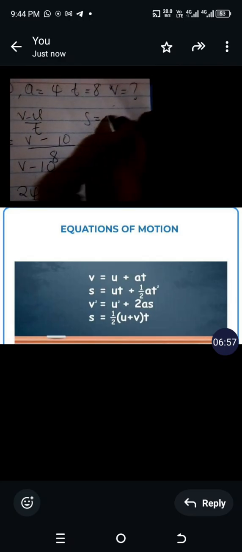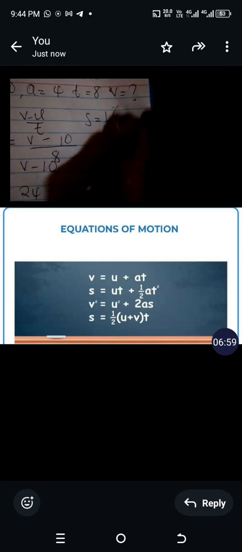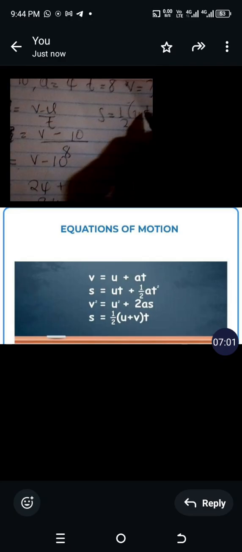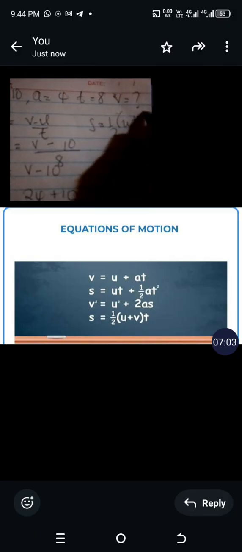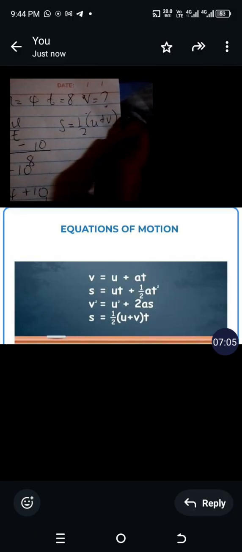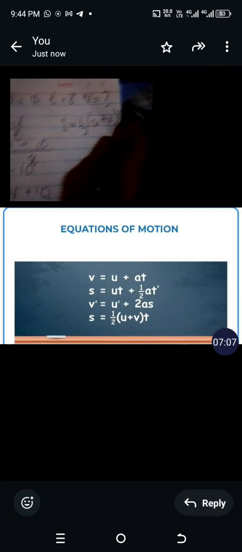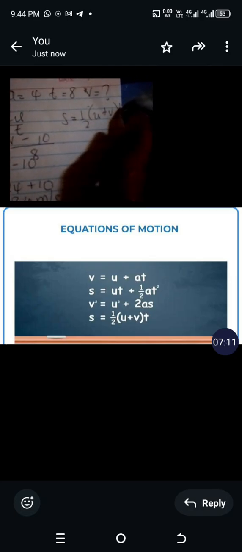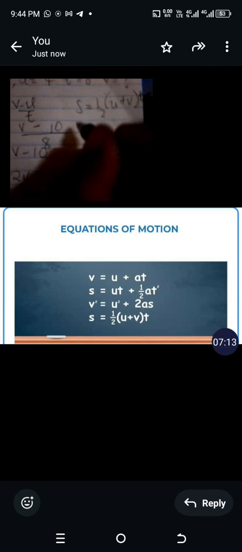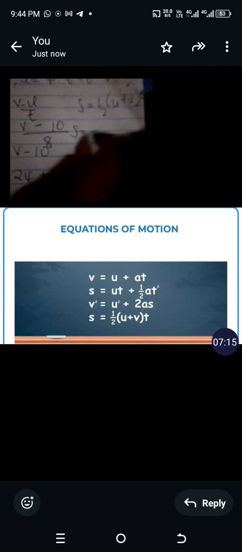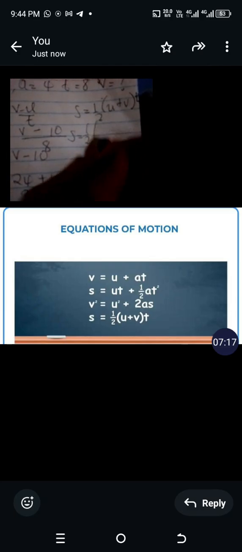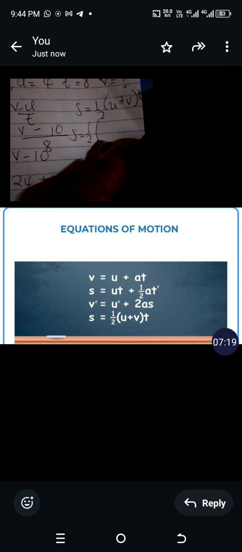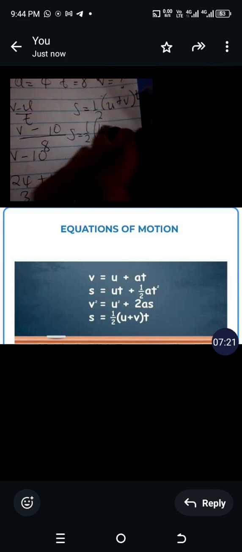S is equal to half u plus v times t. Paper is small. So s, distance, is equal to half. Our initial velocity was 10.